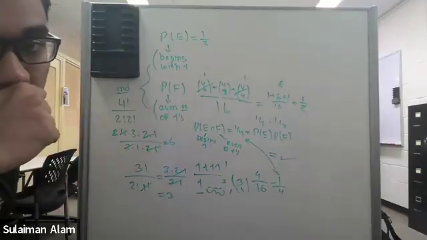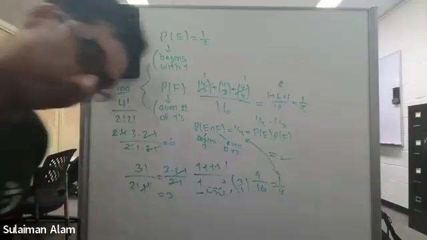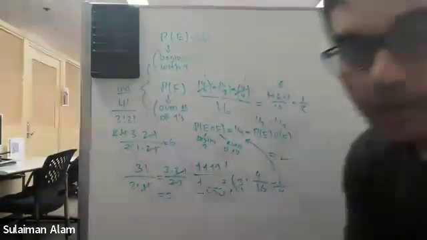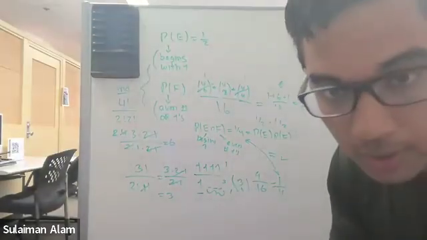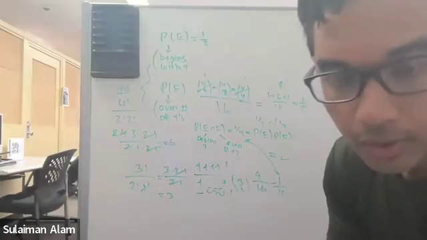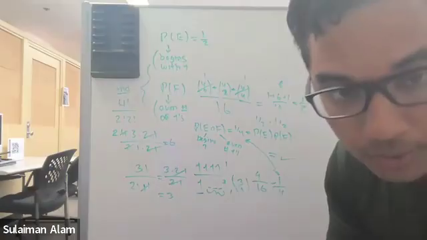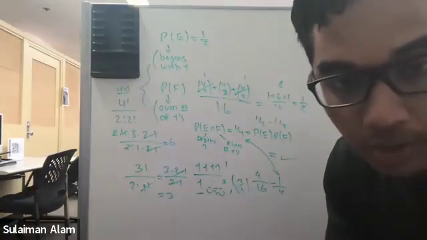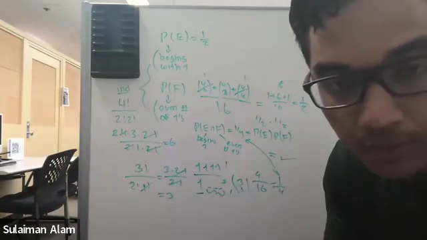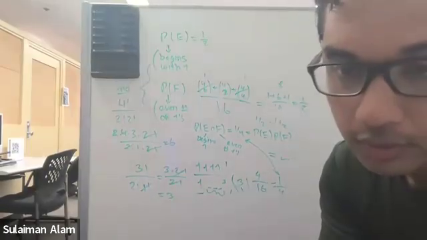If X is a random variable, probably the X is R, so that if X is a random variable and the probability that X equals R is the sum for all S in the sample space such that X of S is R, P of S, then the expected value of X is equal to the sum of P of X equals R times R.